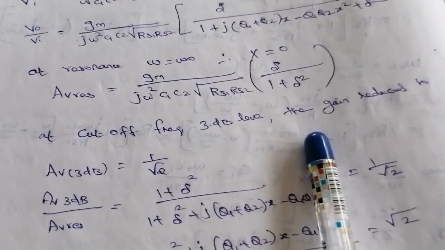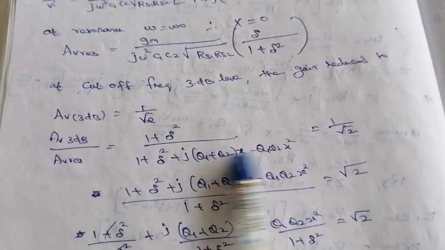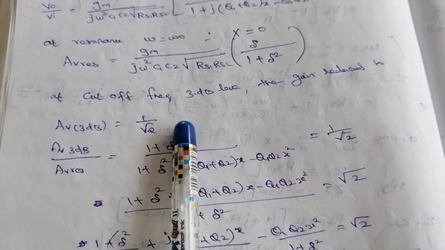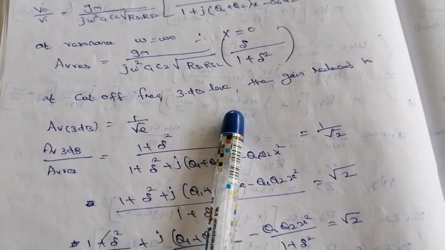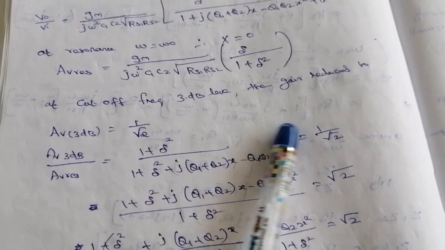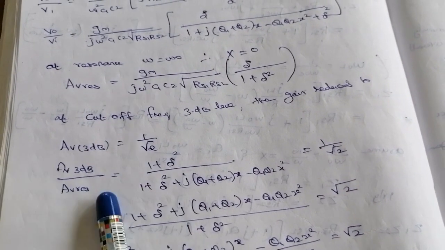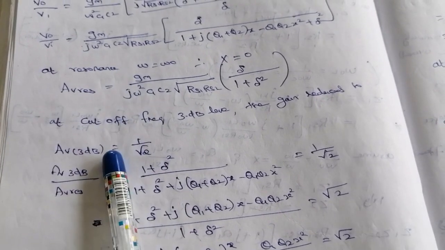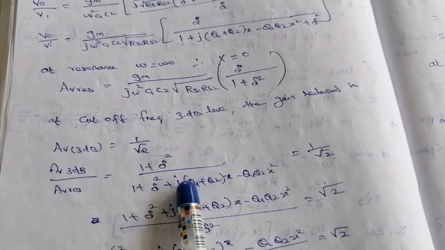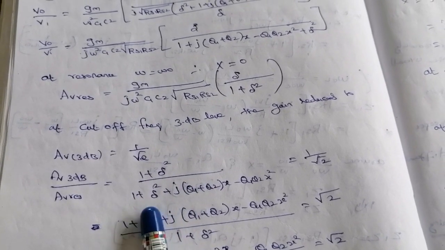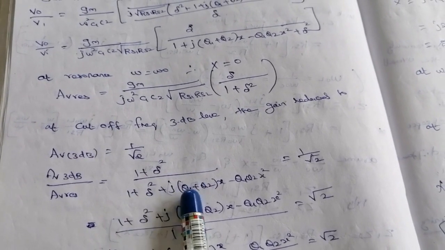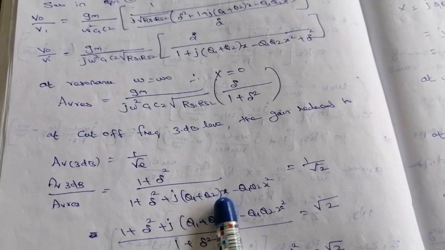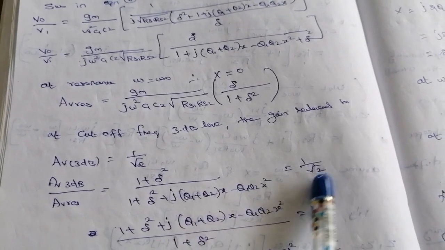At cutoff frequency, 3 decibel level, the gain reduces to Av 3 decibel is 1 by root 2. So 3 decibel means nothing but 0.707, which means 1 by root 2. So Av 3 decibel divided by Av resonance equal to, that is, equate both Av resonance and Av 3 decibel. So 1 plus del square divided by 1 plus del square plus j Q1 Q2 x minus Q1 Q2 x squared equal to 1 by root 2.